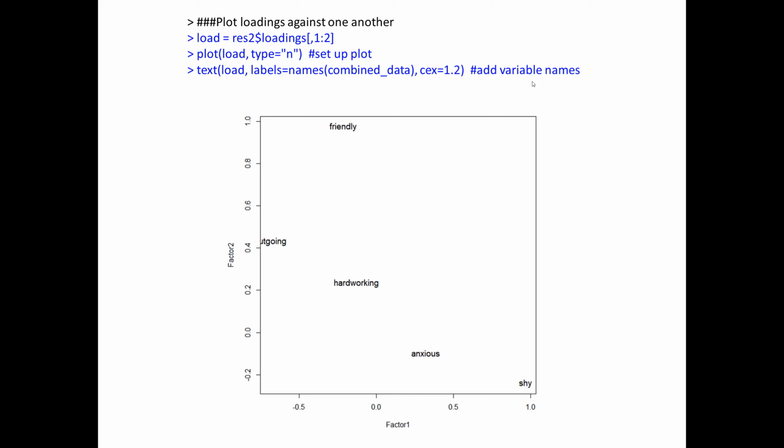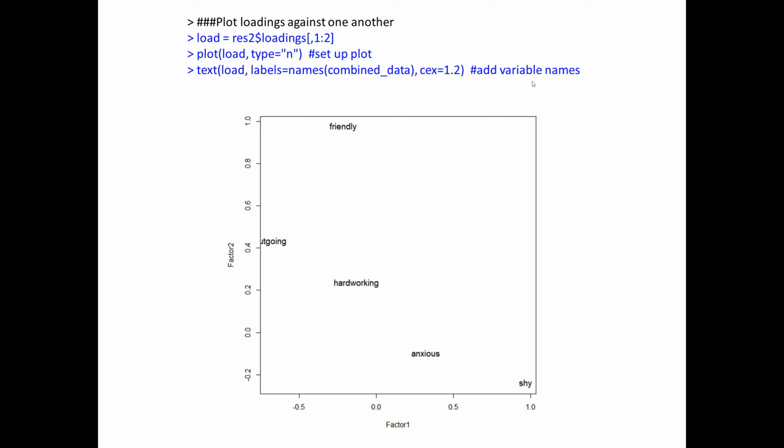If we plot this up after combining the variables, the 5 we have left are shy, outgoing, hardworking, anxious, and friendly. On this plot, you can see that friendly, anxious, and shy are at the extremes of factor 2, but they vary across factor 1, whereas before we had rotated factors, heavily loaded factors were along the axes of factors.